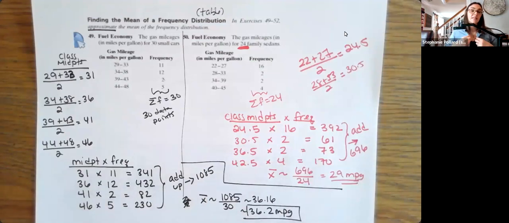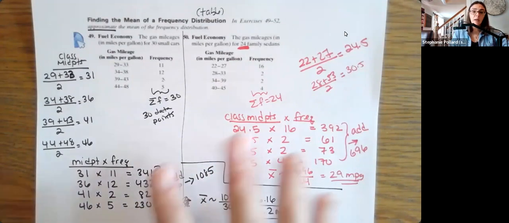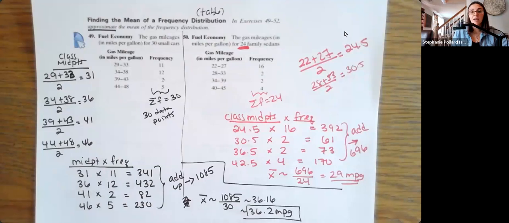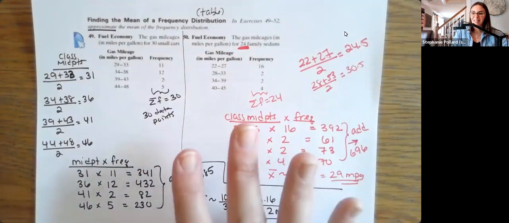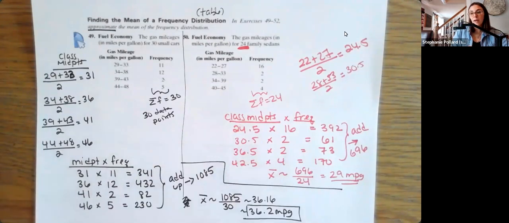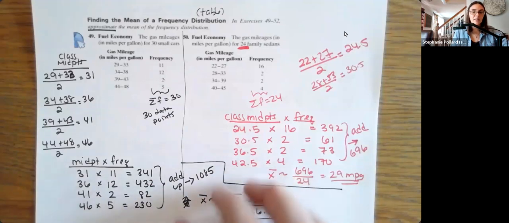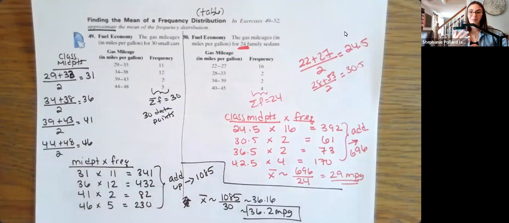Now, I do also have an Excel video on how to do this in Excel. It still requires a lot of background work. You still have to find the class midpoints, or if you're pretty savvy in Excel and you know how to do that, you can do those on Excel. But it still requires a bit more work. So if you're interested, don't forget to check out the Excel videos in class. Again, this one's a little bit more advanced in Excel. It requires you to actually make your own formulas.